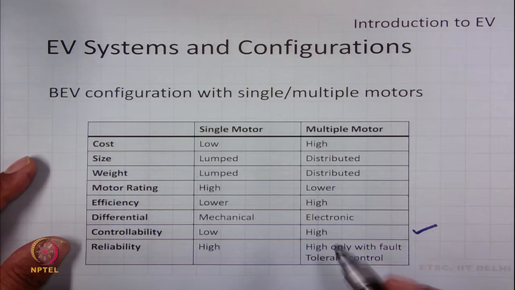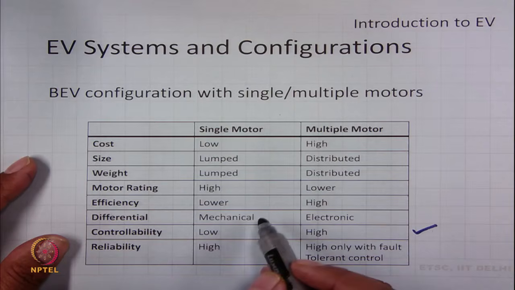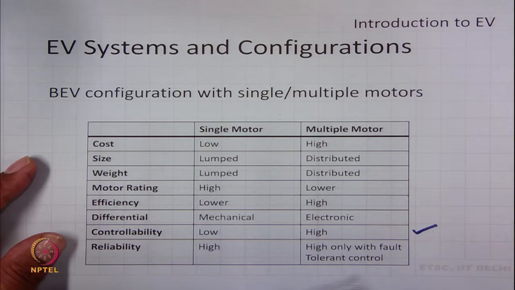But because of this high controllability and avoidance of differential physically, there is a reliability issue in this configuration, and the reliability can be high only if it is highly fault tolerant control enabled.